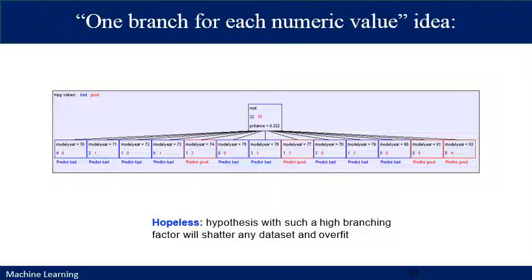One idea is to use one branch for each numeric value. However, this is a hopeless approach, as a hypothesis with such a high branching factor will shatter any dataset, and it is more likely to overfit again.